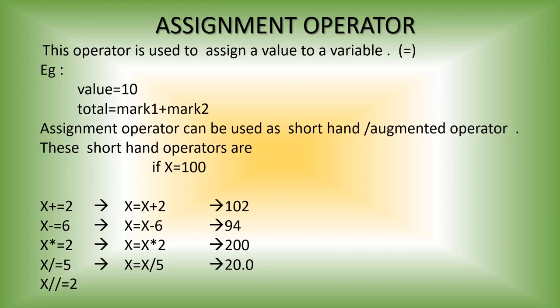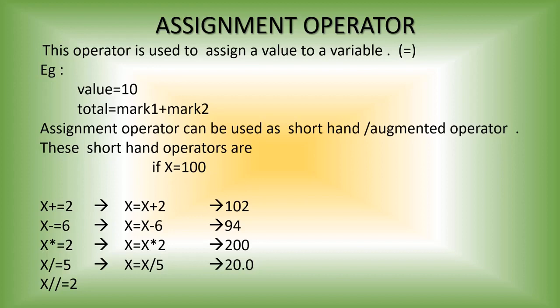Here value is the variable name and 10 is the literal, and the literal 10 is assigned to the variable value. See the second example: total equal to mark1 plus mark2. You are adding mark1 and mark2, which are two different variables holding some values.